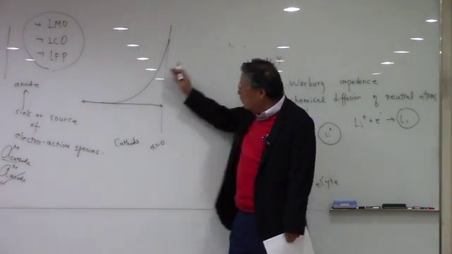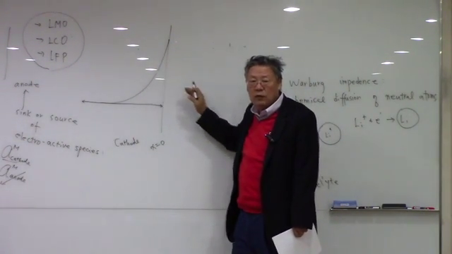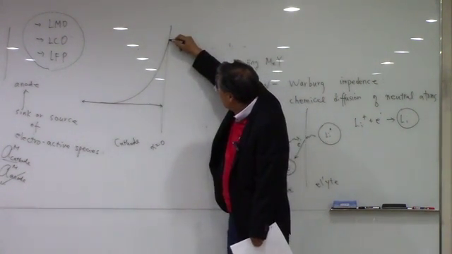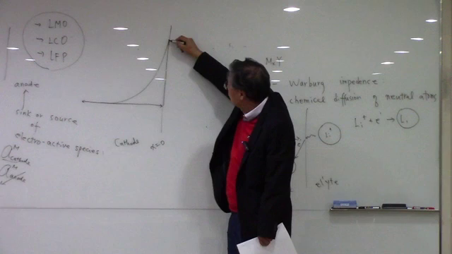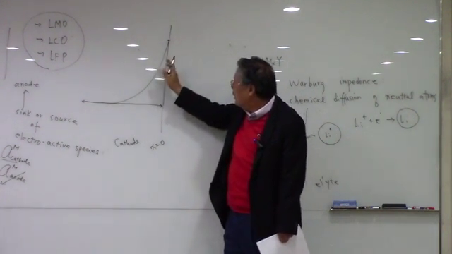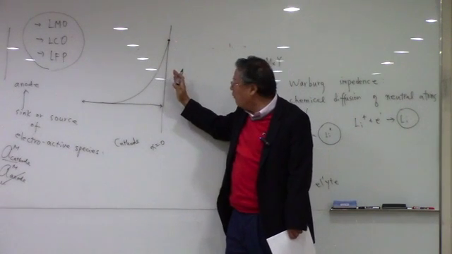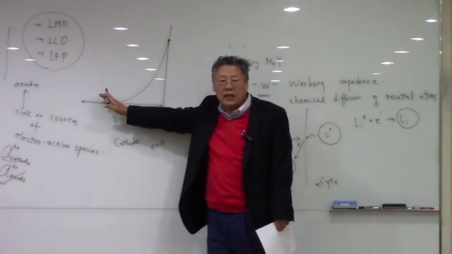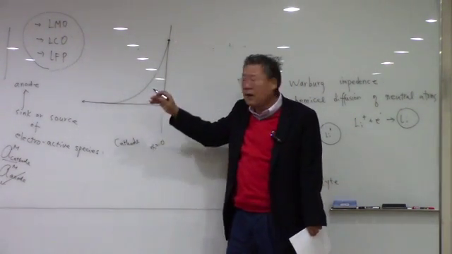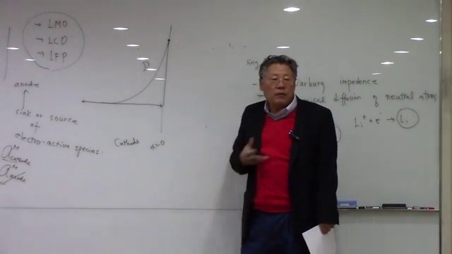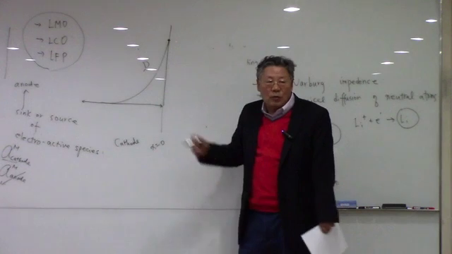Now the next one is added to the surface, and added again, until it has some concentration this much. But this concentration of electroactive species will diffuse into the cathode only by chemical diffusion, according to Fick's law. Nothing else is working on this.